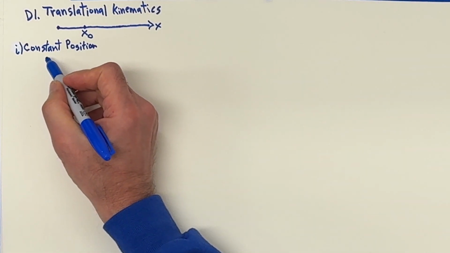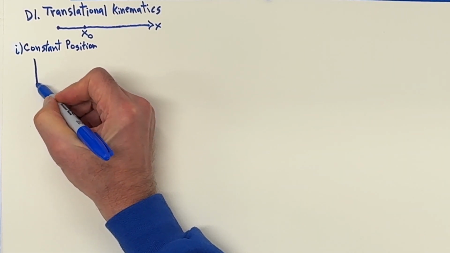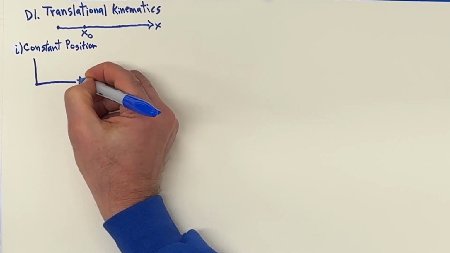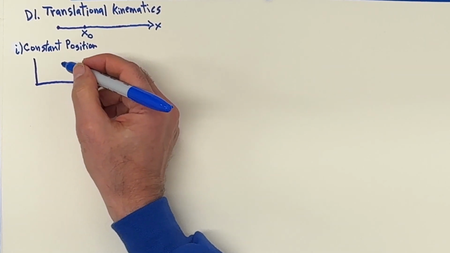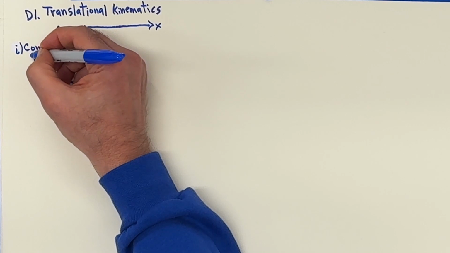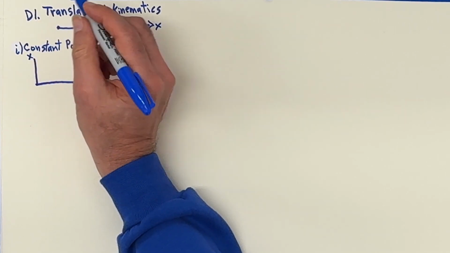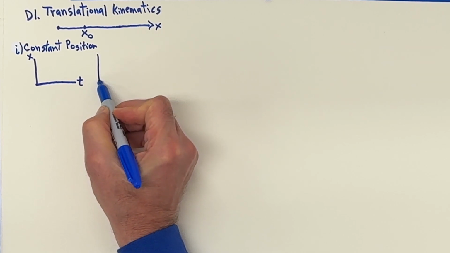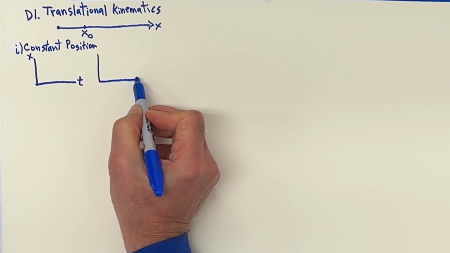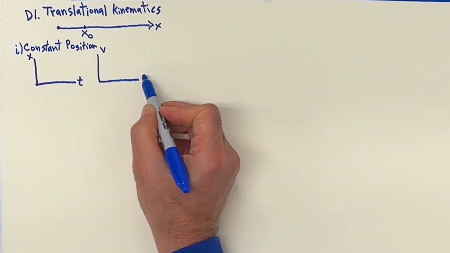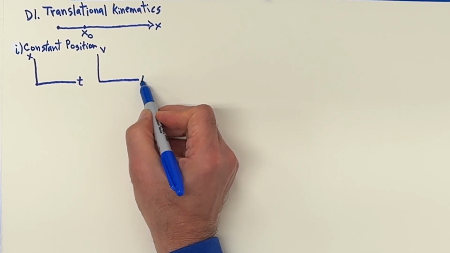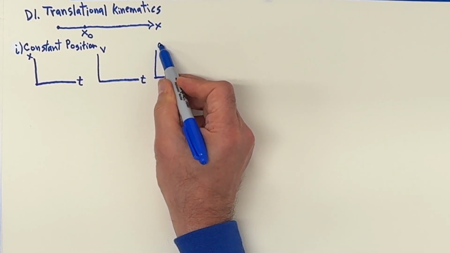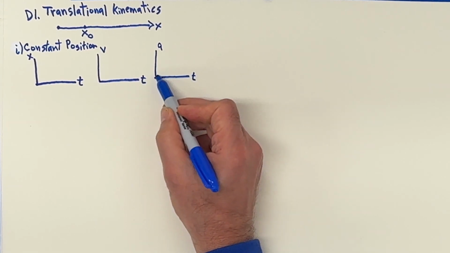Now we'd like to make 3 graphs. One is going to be the graph where, as time goes on, we want to put down where the car is. So this vertical axis is your x, and your horizontal is your t. And then we want to plot the velocity as time goes on, and the acceleration as time goes on.